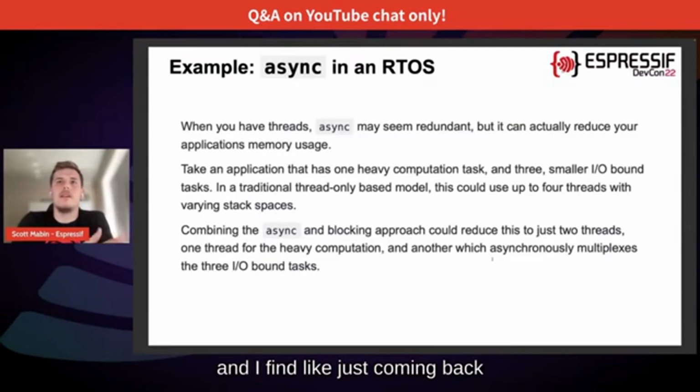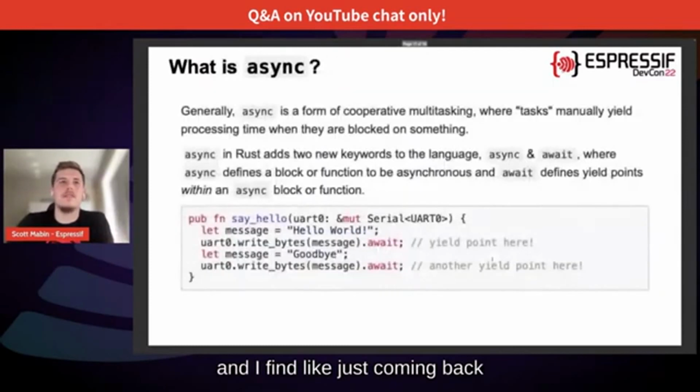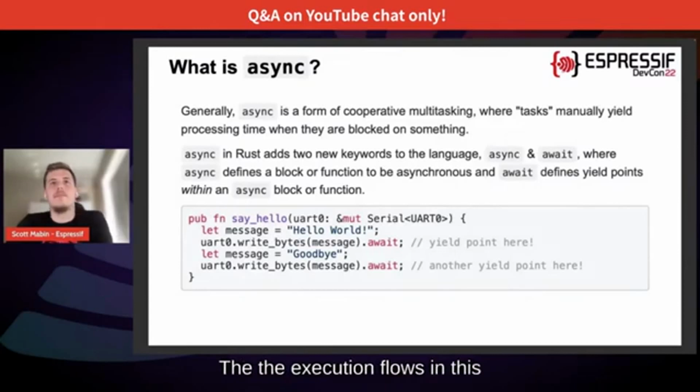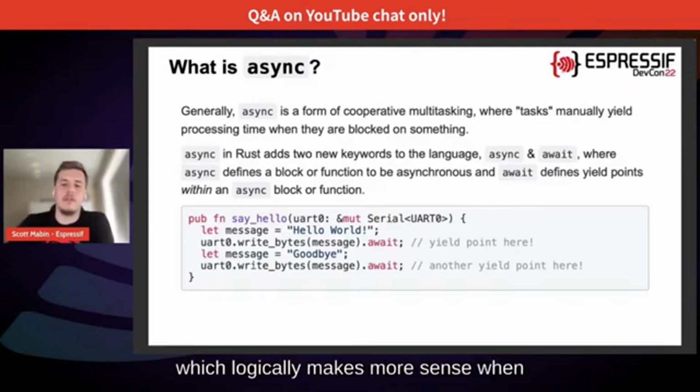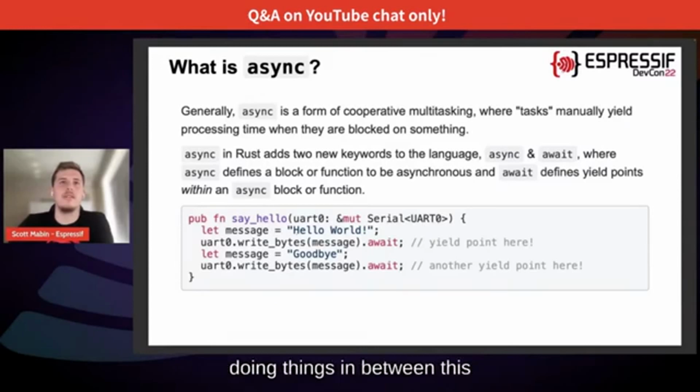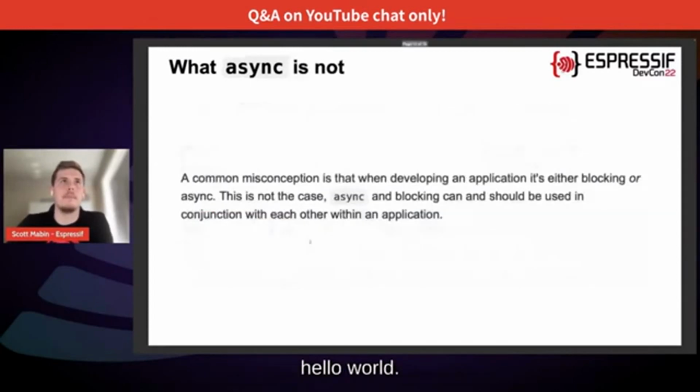And I find, coming back to this example, the execution flows in this order, which logically makes more sense when reviewing code. Even though it may be doing things in between, there's no chance that write bytes, that goodbye, could come before hello world.